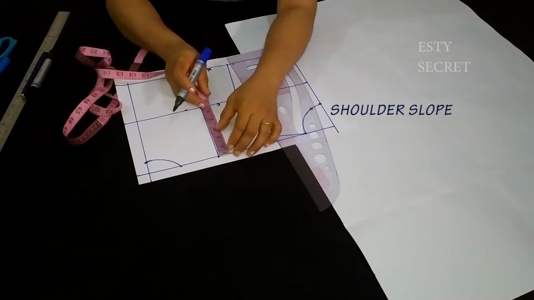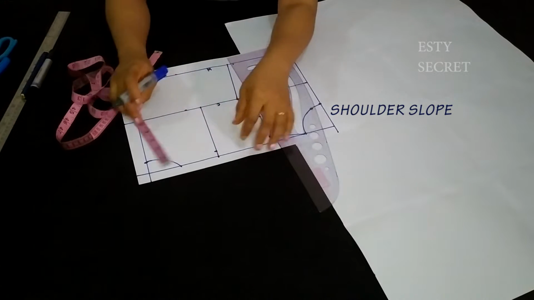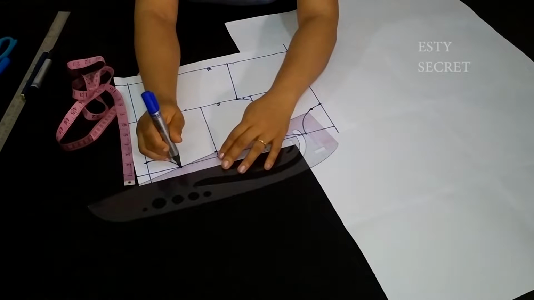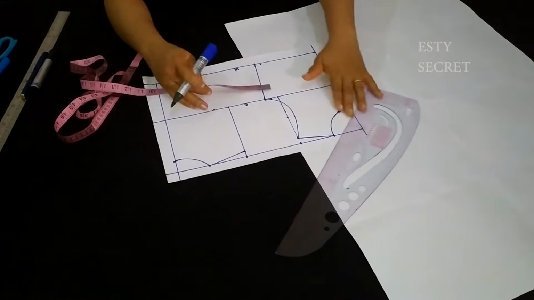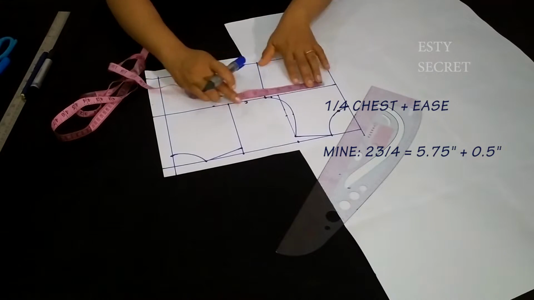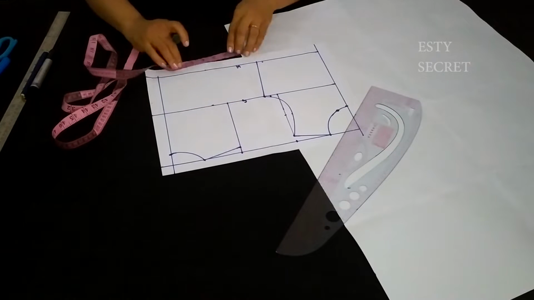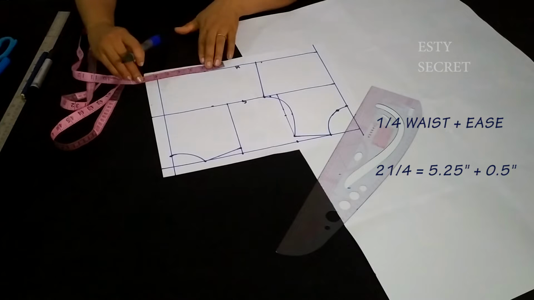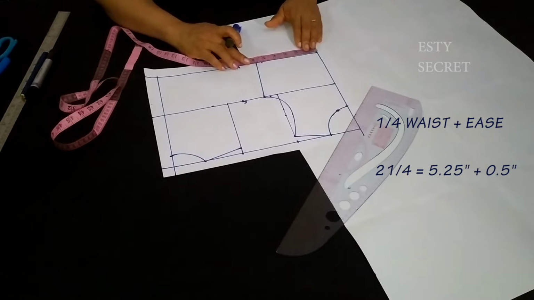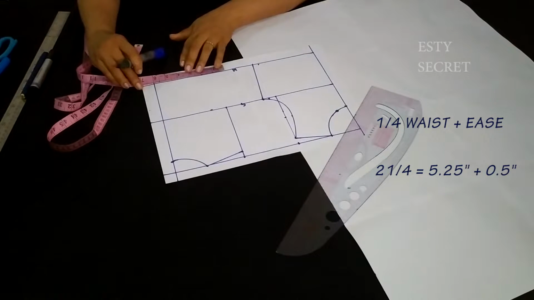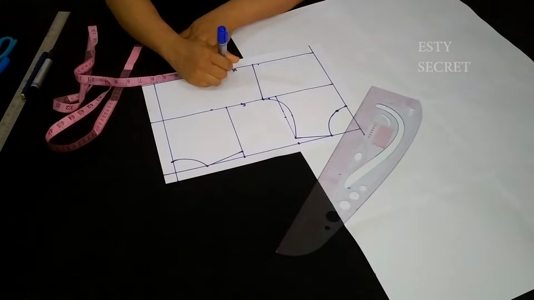Then ½ inch for my shoulder slope. Then whatever I have as the chest measurement, that's quarter of the chest measurement plus ease, and also quarter of the waist measurement plus ease. The same as the front, I'm going to mark it.